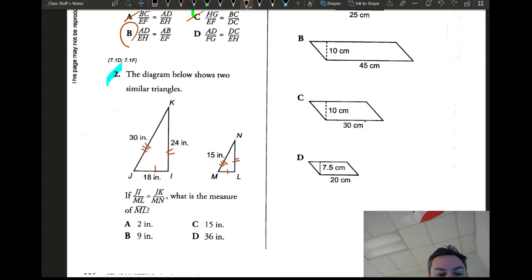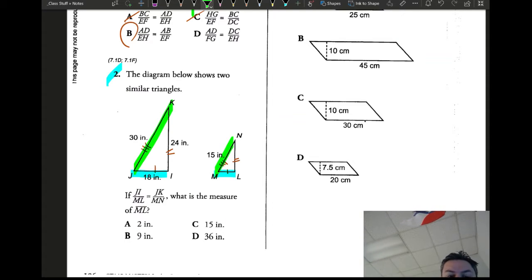If JI over ML, so they're talking about this one and this one, so far so good, one tick mark, equals JK is going to be this one, over MN, very good. So they do big one on top and small one on the bottom, okay? What is the measure of ML? I'm looking for ML, okay?